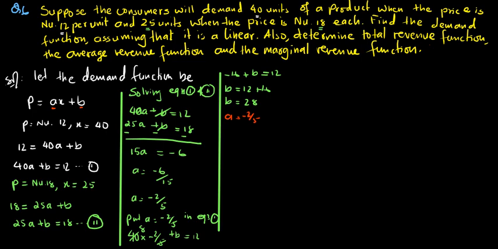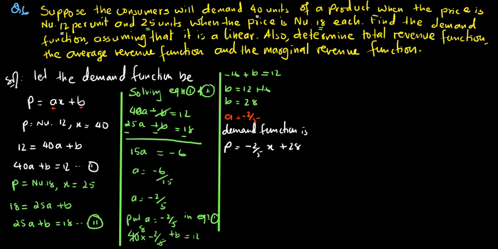So we have assumed, let the demand function be P is equal to AX plus B. Now it's time for us to substitute the values of A and B. So the demand function is P is equal to minus 2 by 5 x plus 28. So this is our demand function.